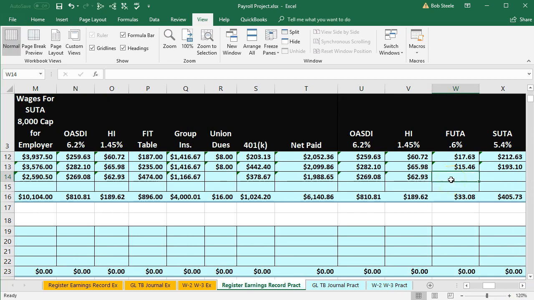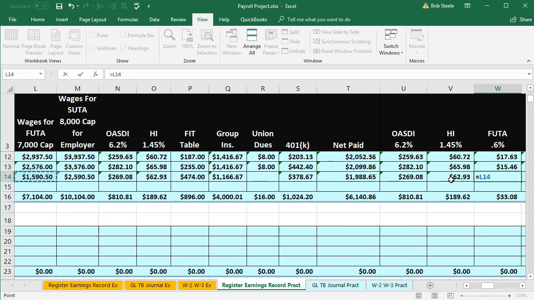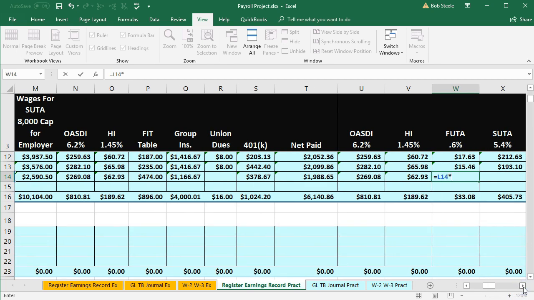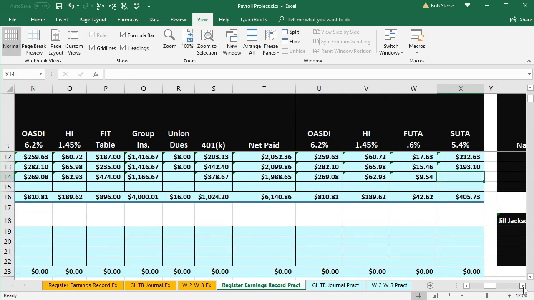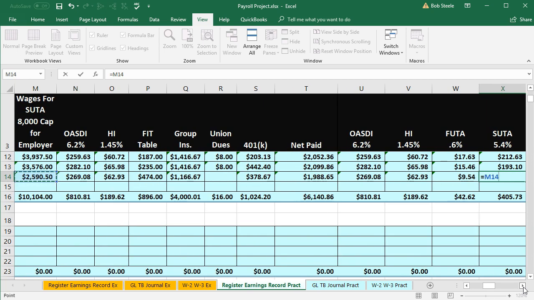Then we have the FUTA, and the FUTA will equal the FUTA wages, which is at L14, times 0.006, tab. And then the SUTA, which will equal the SUTA wages, times 0.054, and enter.